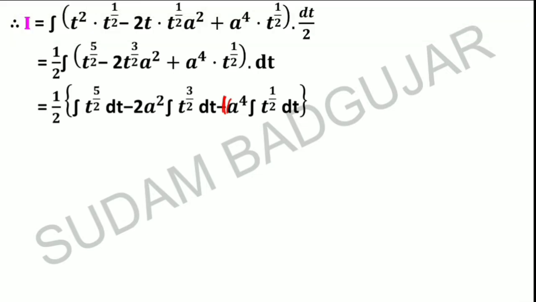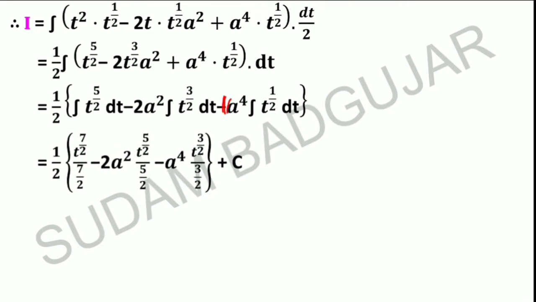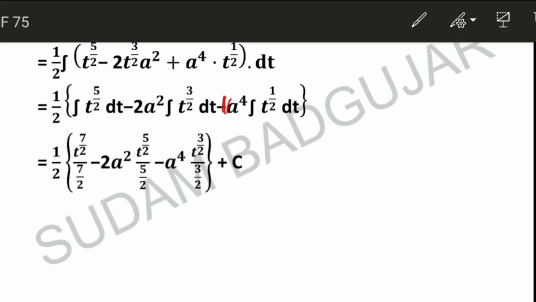So by using the x raised to n formula, it becomes half into (5 by 2 plus 1 is 7 by 2) bracket t raised to 7 by 2 upon 7 by 2, minus twice a square into t raised to 5 by 2 upon 5 by 2, plus a raised to 4 into t raised to 3 by 2 upon 3 by 2, plus c, bracket complete. Again you have to simplify this.